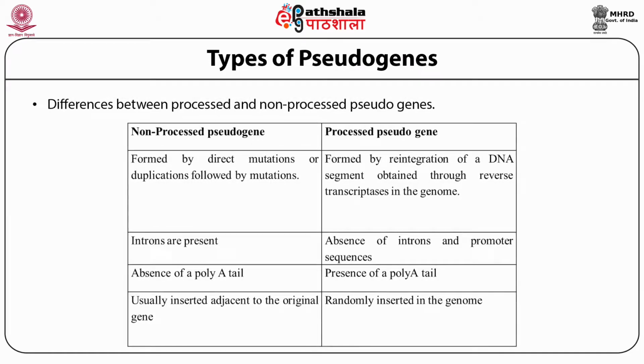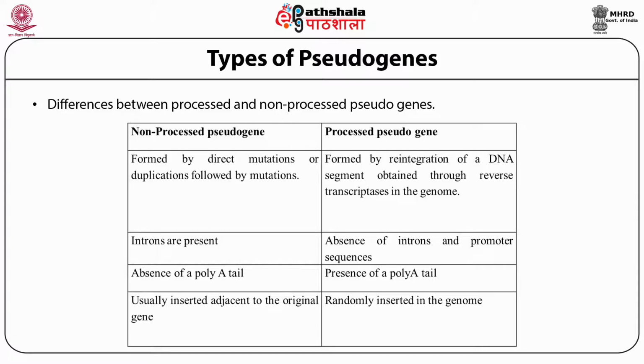Differences between processed and non-processed pseudogenes. Non-processed pseudogenes are formed by direct mutations or duplications followed by mutations. Processed pseudogenes are formed by reintegration of a DNA segment obtained through reverse transcriptase in the genome.